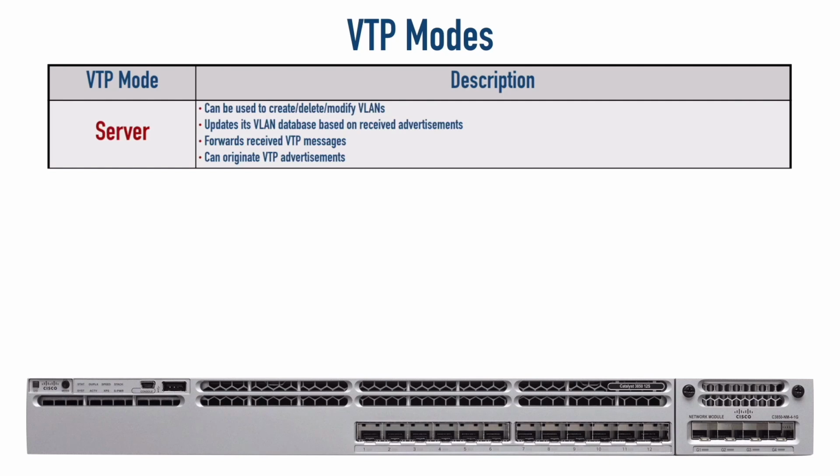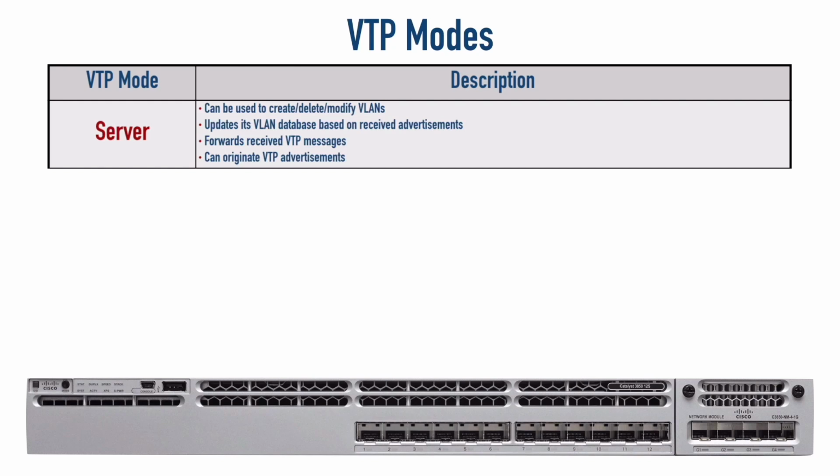That begs the question, how do I know that that advertisement I just received is more authoritative than my own VLAN database? Well, we're going to have something called a configuration revision number. And whoever has the highest configuration revision number is going to be considered the most authoritative source of VLAN information.